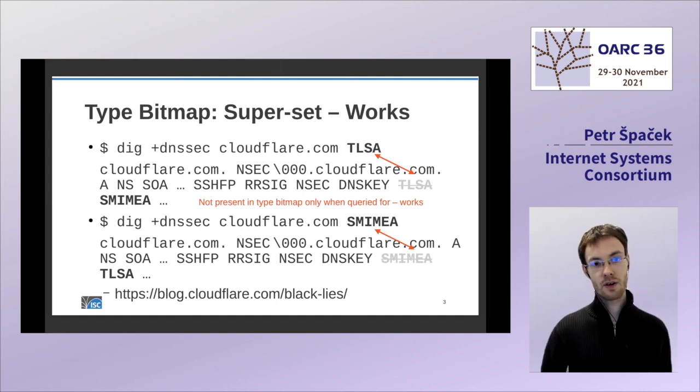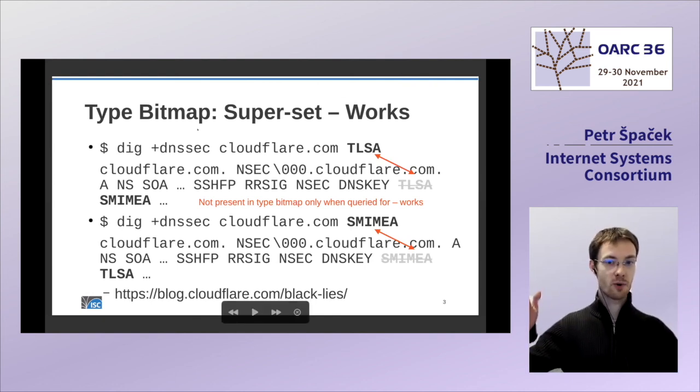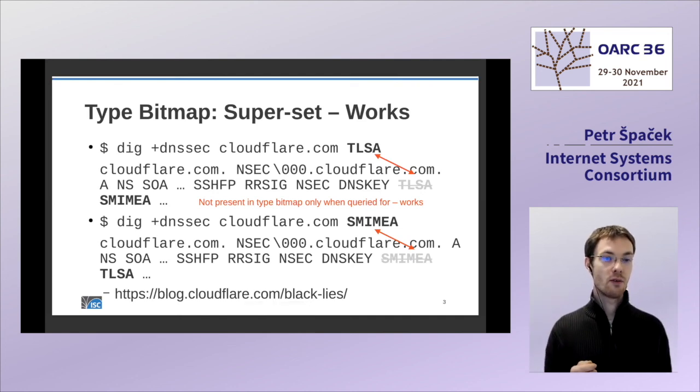An alternative way to do that is to use a so-called blacklist, for example, used by Cloudflare. In principle, the authoritative servers return an NSEC record with a huge list of types, practically all the types the server supports, and it just flips down the bit for the type asked by the client.